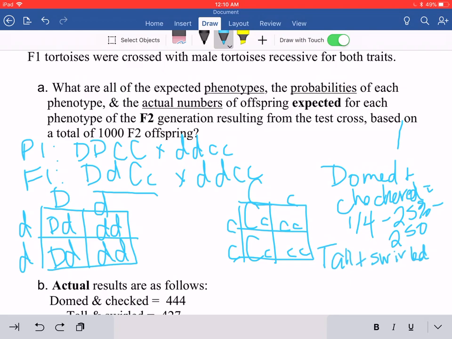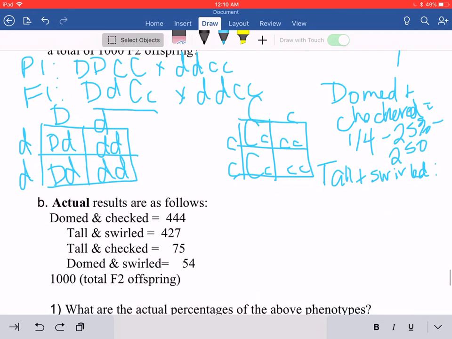If we count all of our proportions, just like we have been doing for these Punnett squares, I'm not walking you completely through the entire Punnett square because we've done several of those by now. What we're going to see is that, again, it's going to be a total of 1/4 or 25%, which out of a total of 1,000 individuals should come out to be 250.